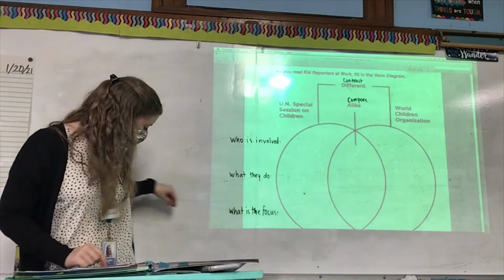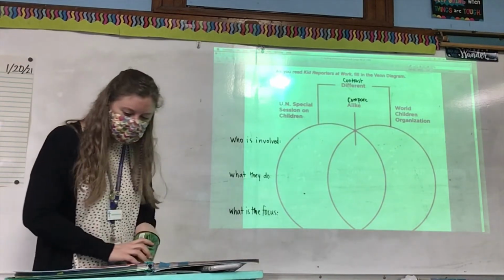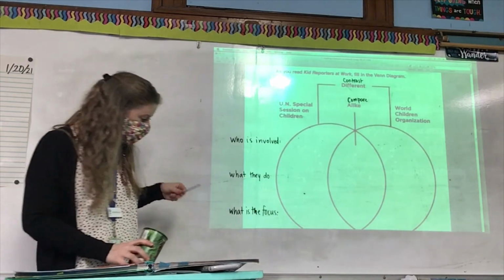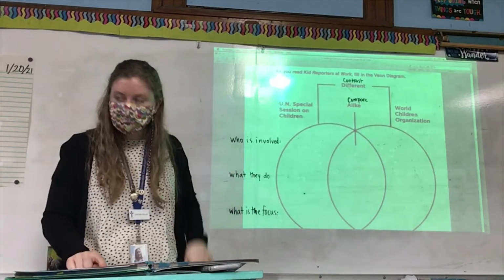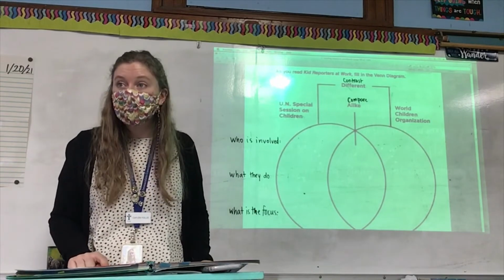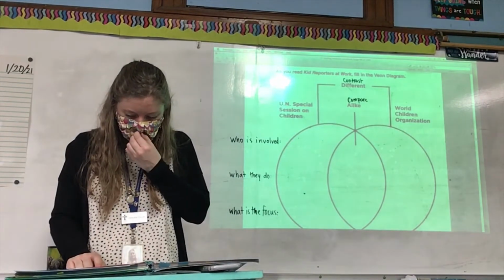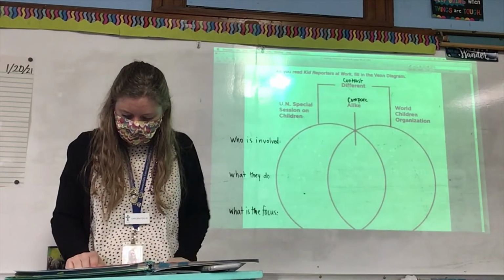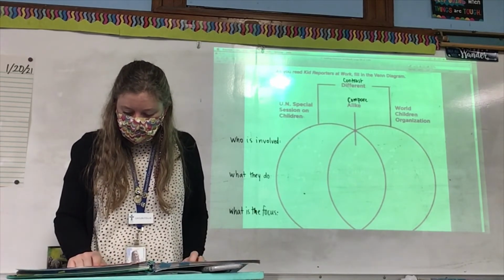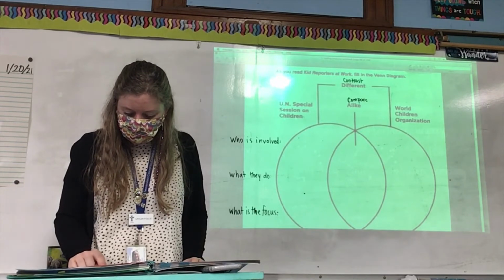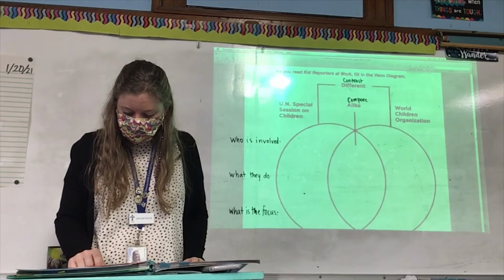Good. Okay, what is this picture of? Ethan, what is this picture of? Louder. Nations General Assembly, young people from many countries perform at the opening ceremony of the special session.